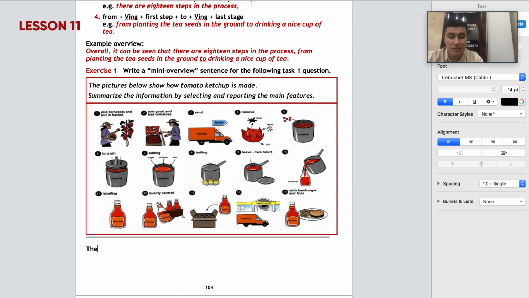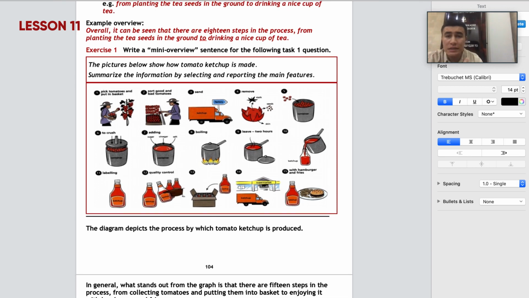The diagram depicts the process by which tomato ketchup is produced or made.